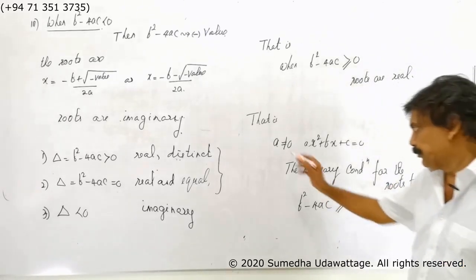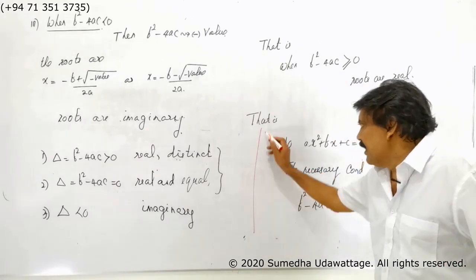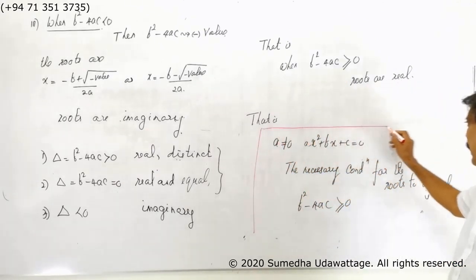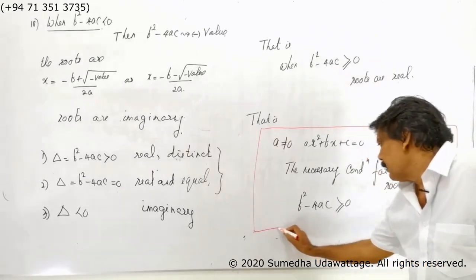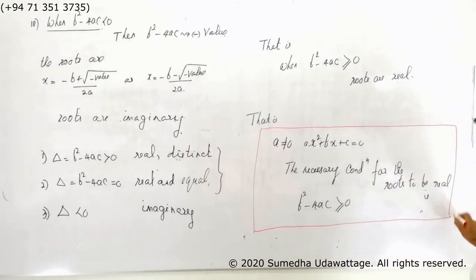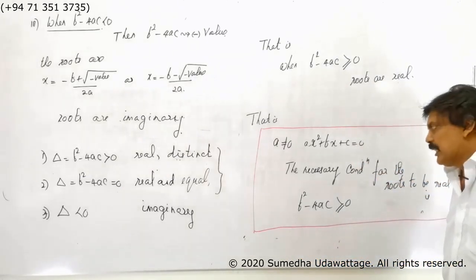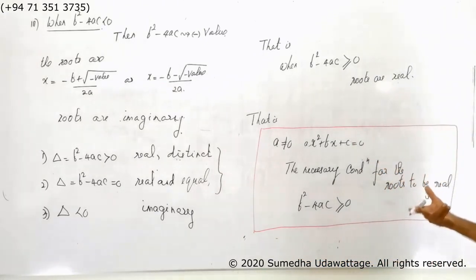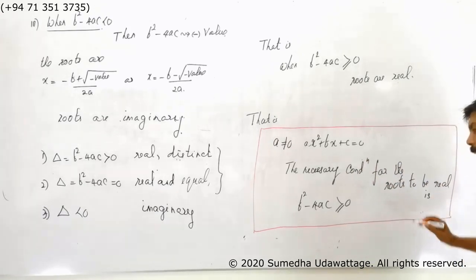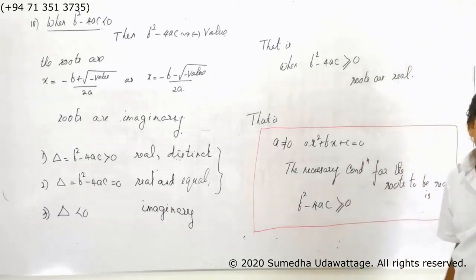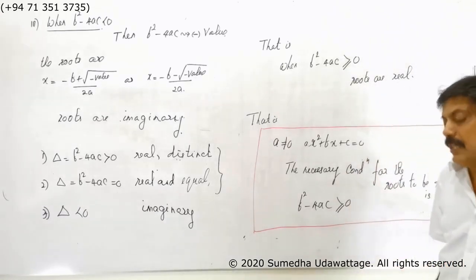Then the necessary condition, when a is not equal to 0, for ax square plus bx plus c, for the roots to be real is b square minus 4ac larger than or equal to 0.